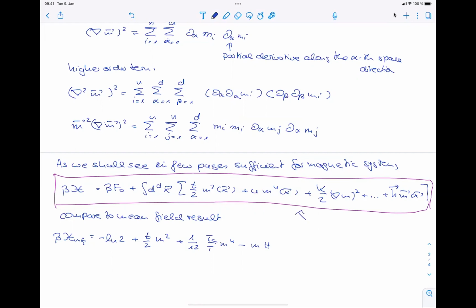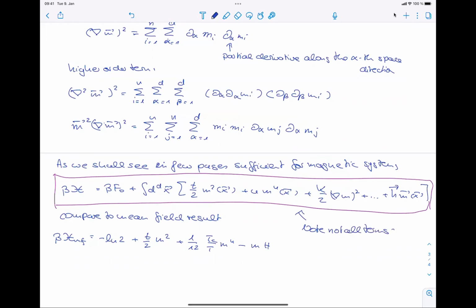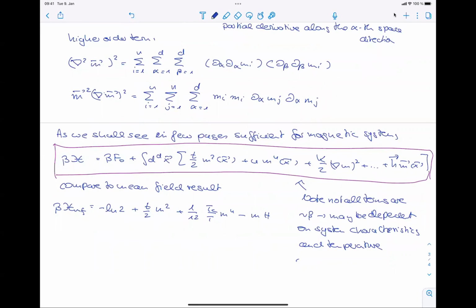So note, not all terms may be dependent on system characteristics and temperature, due to coarse graining.